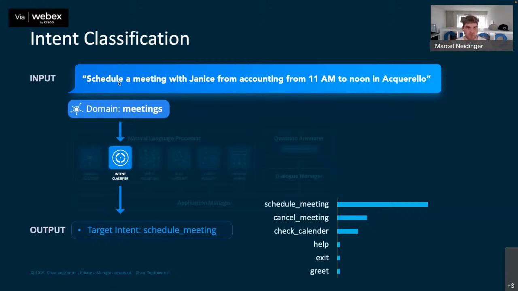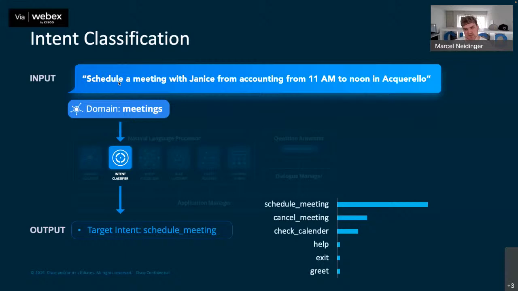Remember, we're not building a general-purpose natural language understanding application that can answer any request, but rather we scope it to certain parts. So we have the domain meetings, and within there we can do things like schedule a meeting, cancel a meeting, check a calendar, help, exit, and greet. These are the intents, basically the broad workflows that you can do.